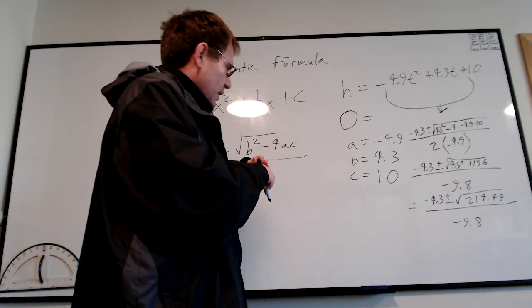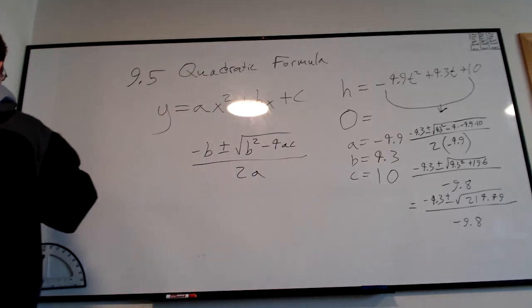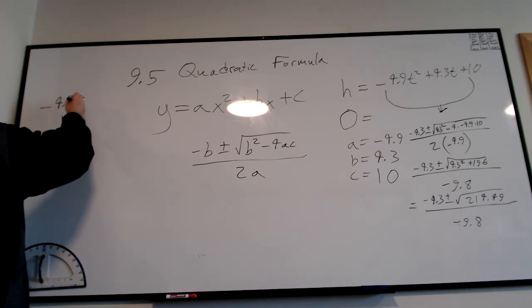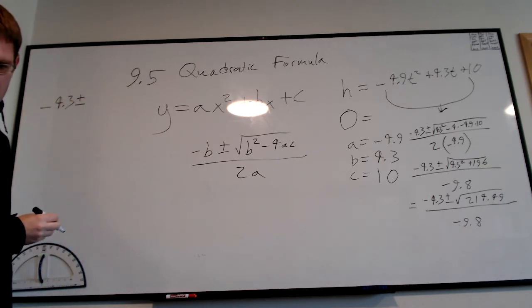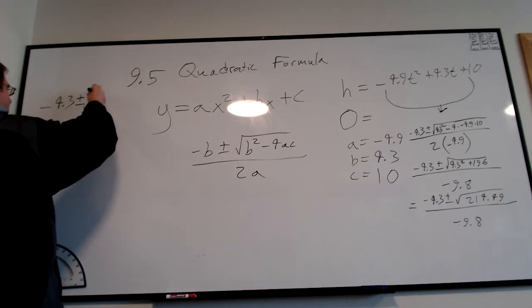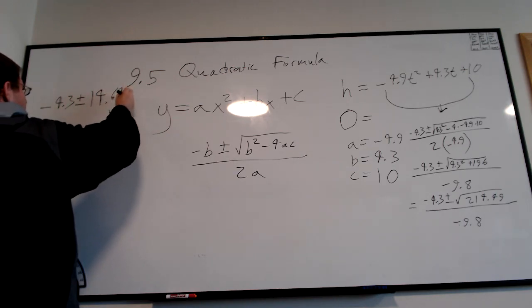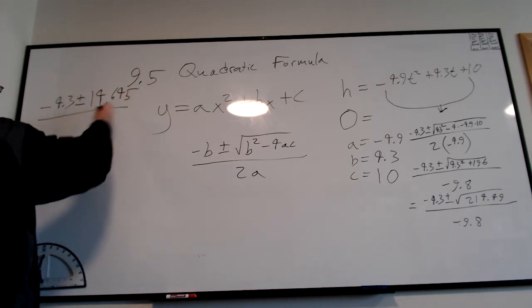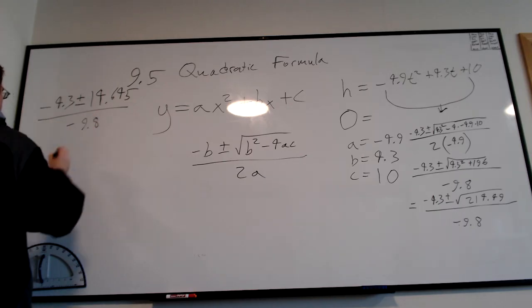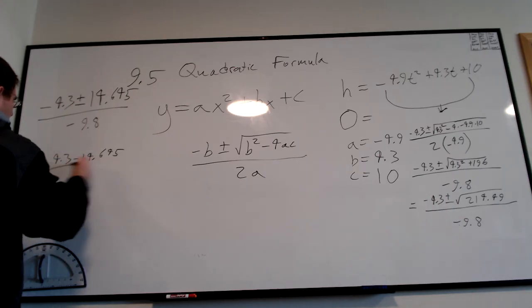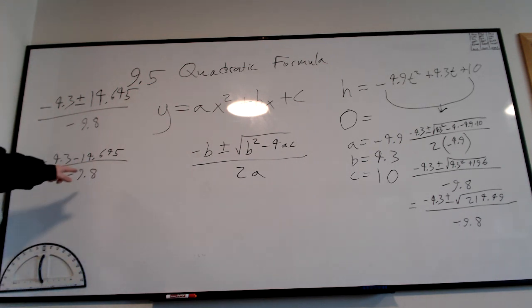That works. Okay, so we've got negative 4.3 plus or minus 14.645 all over negative 9.8. Someone want to try doing that?